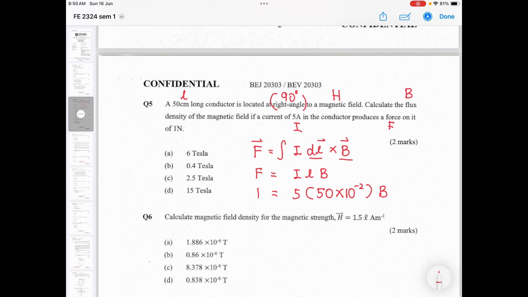So B is 1 divided by the product, and the answer is 0.4 Tesla.